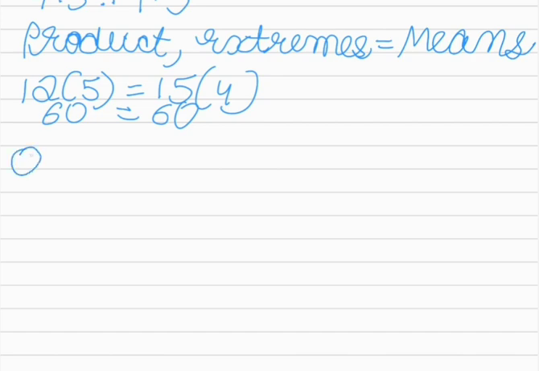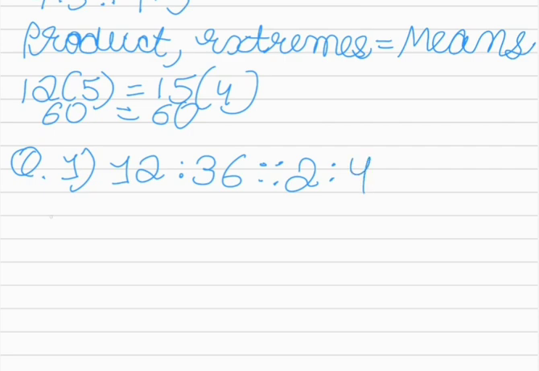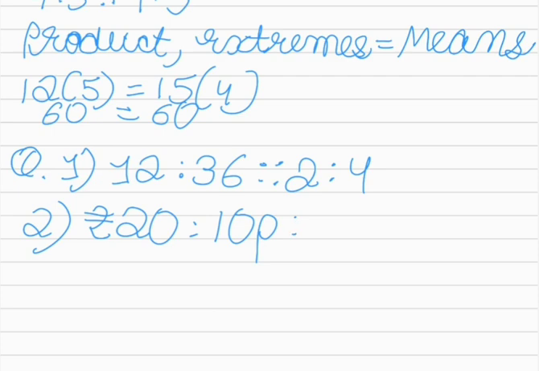So I am giving you one more question. Solve it. Check whether the following are proportional or not. First, 12 by 36 is to 2 by 4. Second, rupees 20 is to 10 paisa proportion 10 liter is to 5 liters.